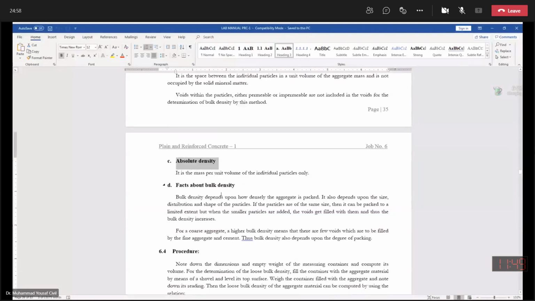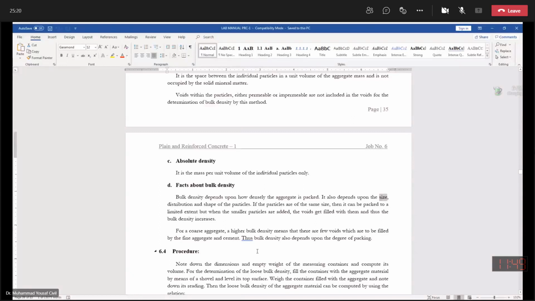Now, as far as the effects are concerned, it depends upon the size, distribution, and shape. All these things are necessary to be considered. As for size of the particles, all sizes should be present.